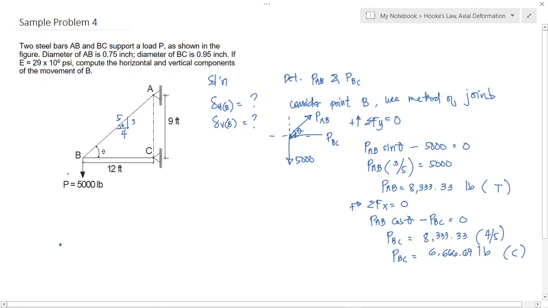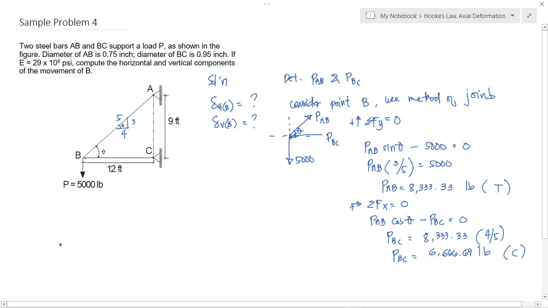This means AB will deform once 5,000 pounds is applied, so it will elongate. And BC, since it is in compression, will shorten. So this is the final position of point B once the load P, the 5,000 pounds, is applied. The procedure now, class, since we have already determined the actual forces of AB and BC, the first step is to allow each member to deform freely.